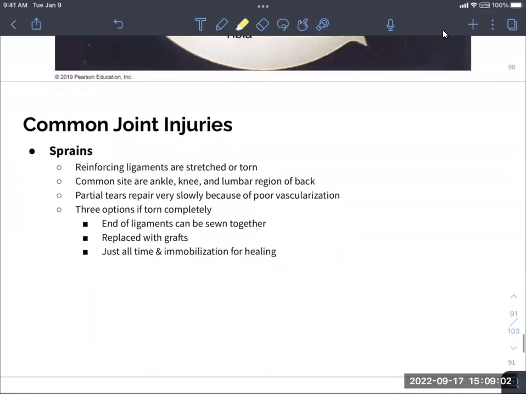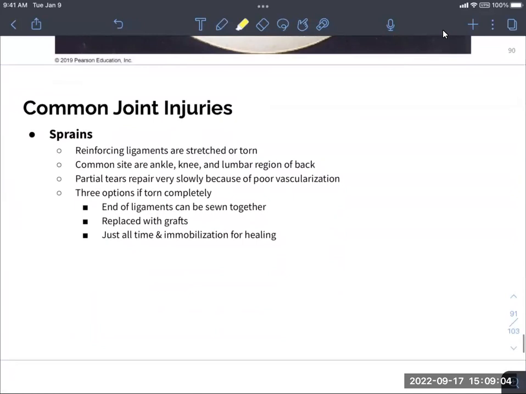A sprain. This is a very common injury. It's when ligaments get stretched or torn. Happens in the ankle. If you've ever sprained your ankle, the knee, even the low back. You can sprain your low back.